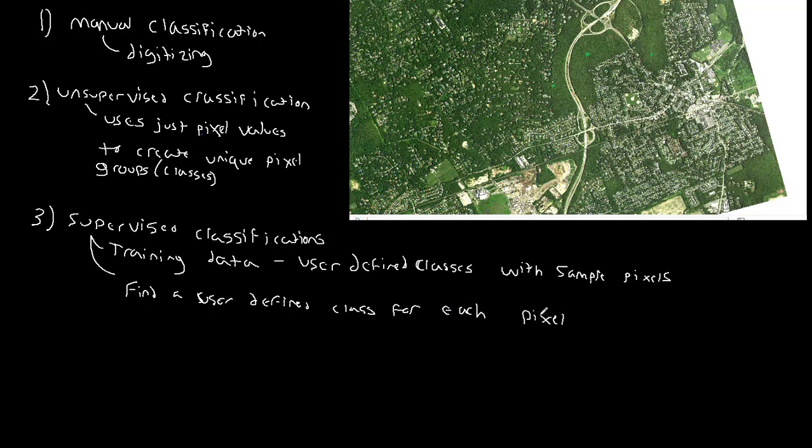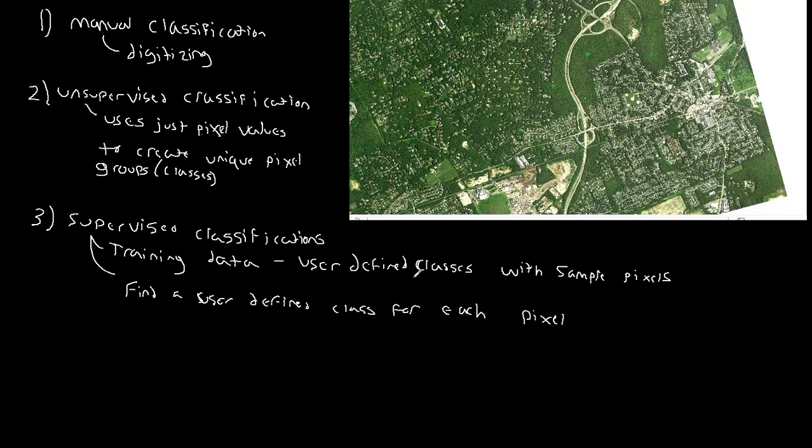So instead of using just the pixel values to create unique pixel groups with no input from us, supervised classifications are going to say, hey, you've given me some information. You've told me the things you want me to look out for. You've told me to look out for forests and parking lots and sand and water. So I'm going to take that information and try to develop a model that gives you back all of the pixels in the image assigned to one of those classes.